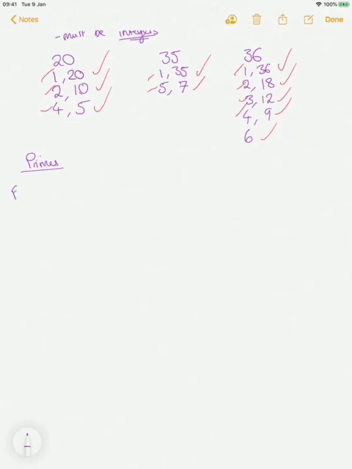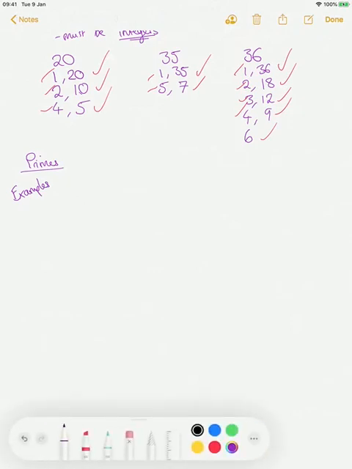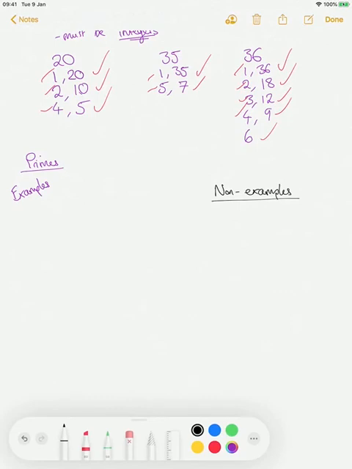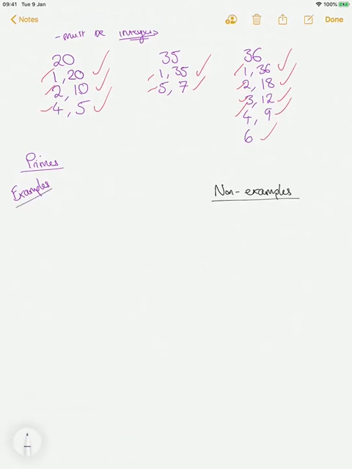So I'm going to give some examples and also some non-examples. Let's do them in a different colour. So we'll start with the examples. And I'll list the factors as well, and then let's see if you could come up with your own definition maybe. So we've got 2.